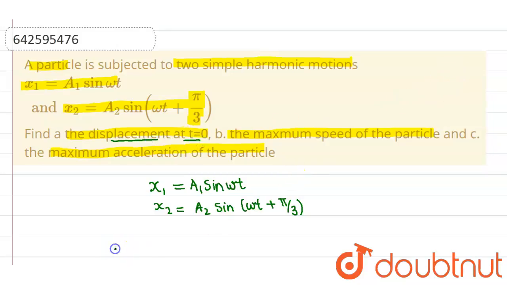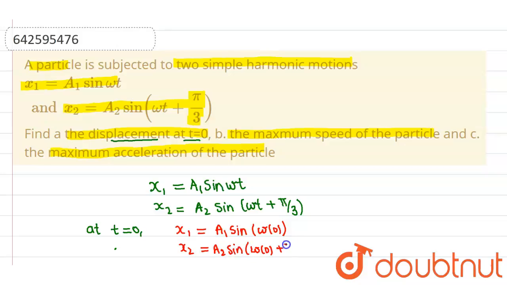So at t equals 0, x1 equals a1 sine (omega into 0), and x2 becomes a2 sine (omega into 0 plus pi by 3).